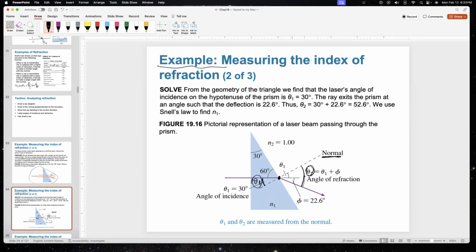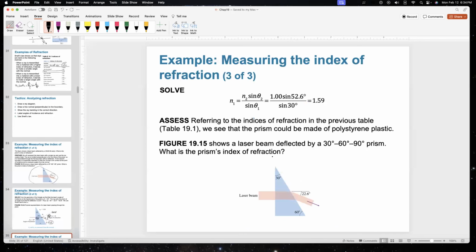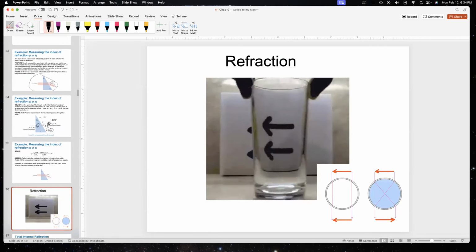So these are the angles that go in Snell's law, theta 1 and theta 2. You are given just 22.6, but that's not theta 2. So there are lots of things to think about. Not all the values given to you are immediately the values you're going to plug into the equation. You've got to make the drawing carefully and analyze triangles here. There's more trigonometry, yes, and you know how to do it and you can do it.